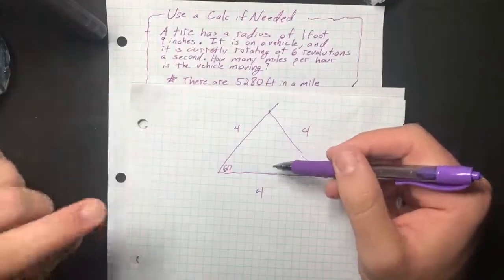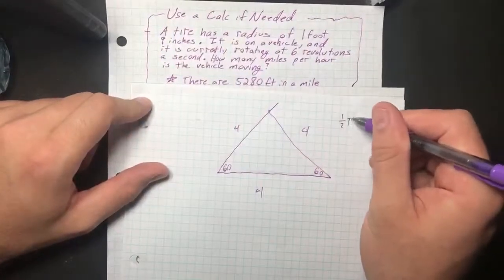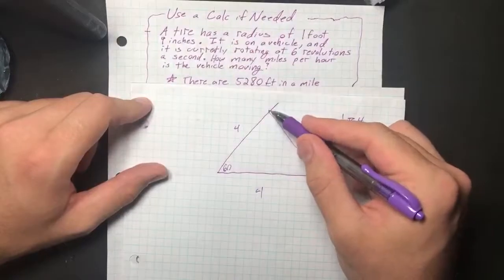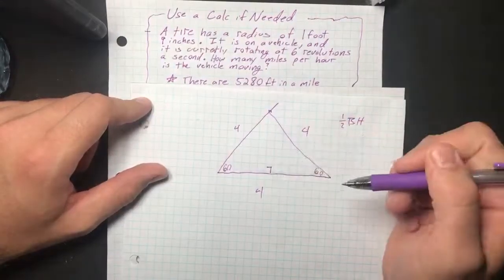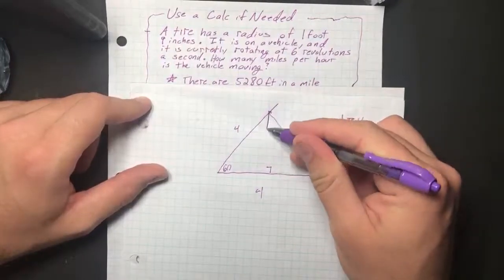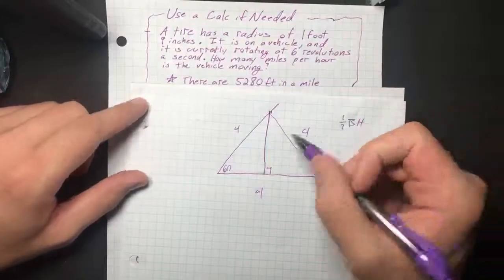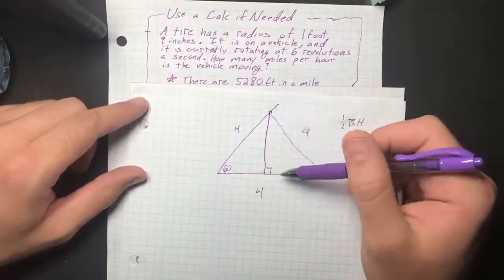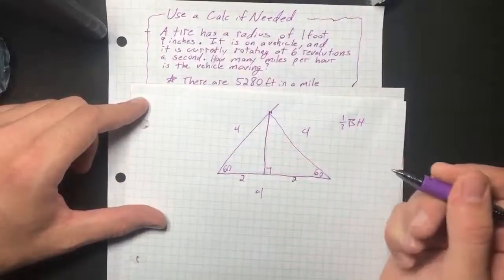If you don't remember, the area is 1/2 base times height. The height is from any one point to the opposite side where it forms a 90-degree angle. So this here is the height. Because this is an equilateral triangle, the height cuts the base in half. So this is 2, and this is 2.